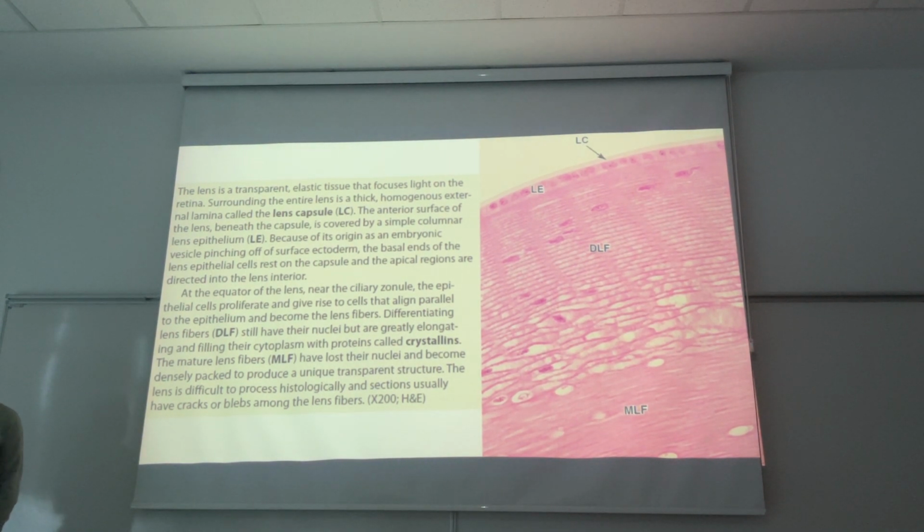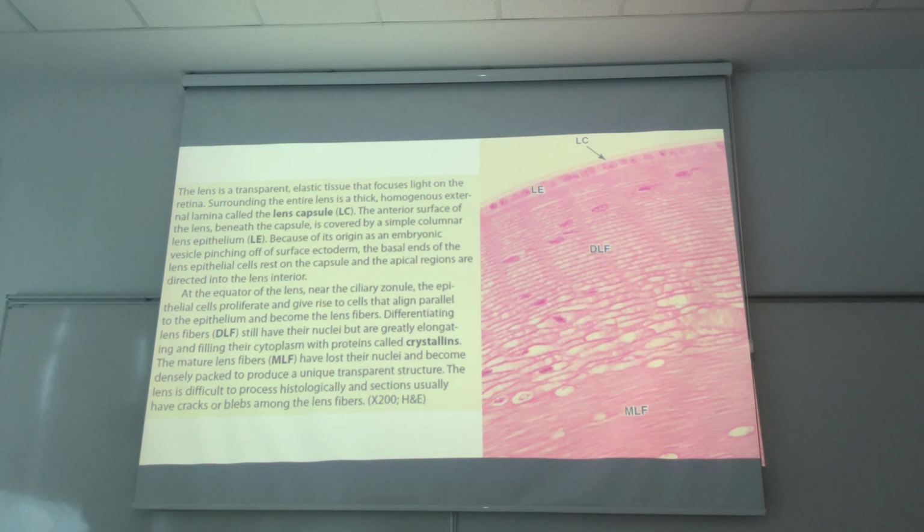But the lens epithelium, or subcapsular epithelium, is present only on the anterior surface of the lens. On the posterior surface of the lens, we don't have this epithelial layer, and the lens is directly connected with the capsule.